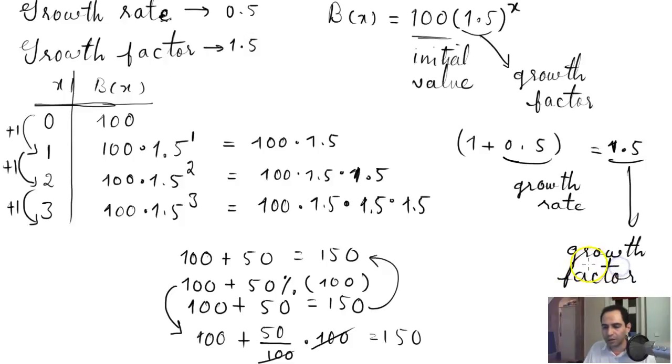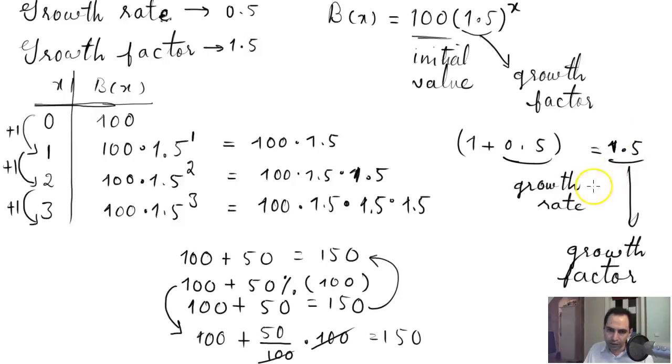For example, in some word problems, you might read that a culture of bacteria is growing, the number of the bacteria is growing by a growth factor of 1.5 or by a growth factor of 2.6 or something like that.